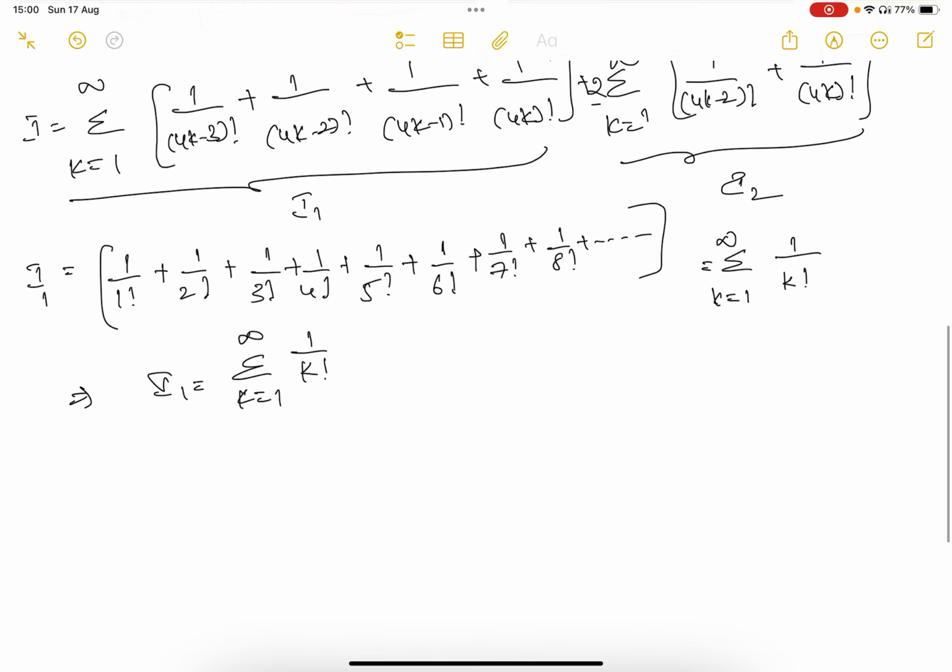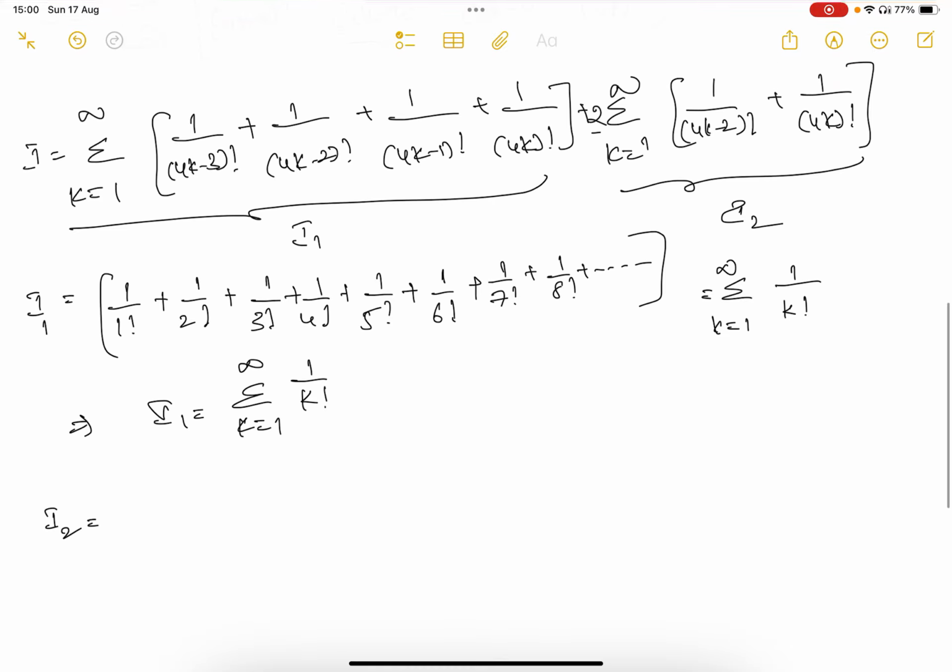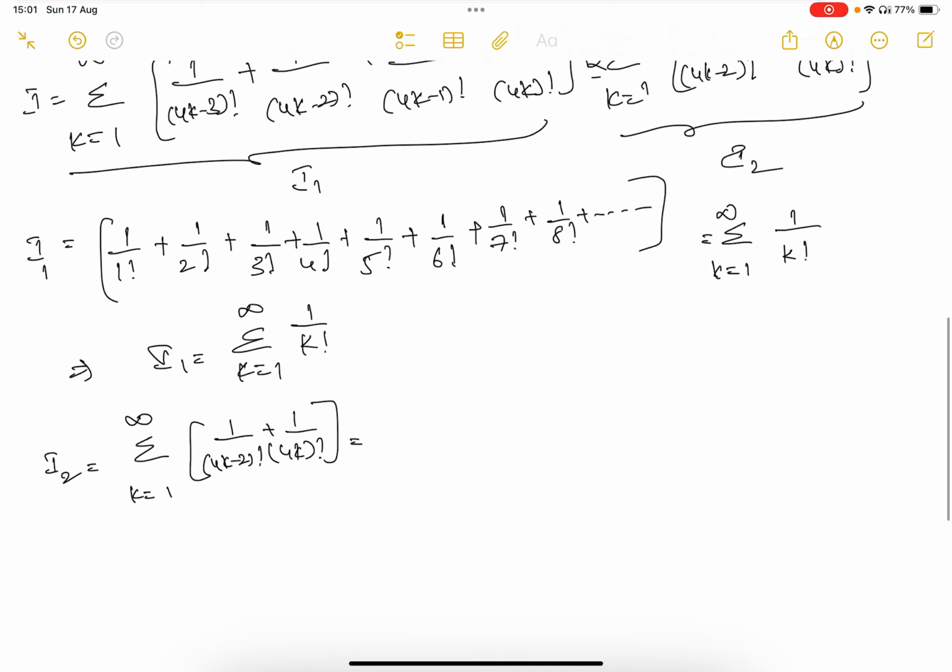What about the second term, I2 part? I2 is summation k equal to 1 to infinity 1 by 4k minus 2 factorial plus 1 by 4k factorial. So let's expand and see.